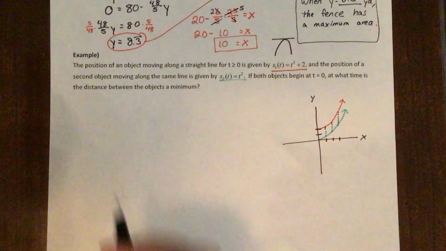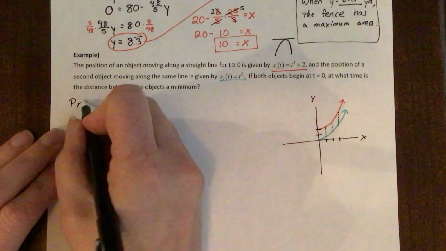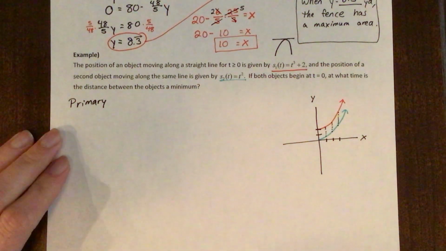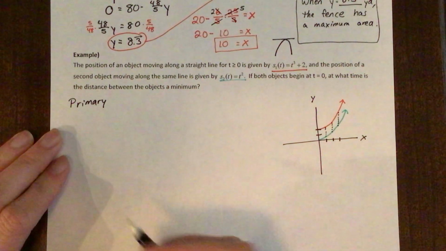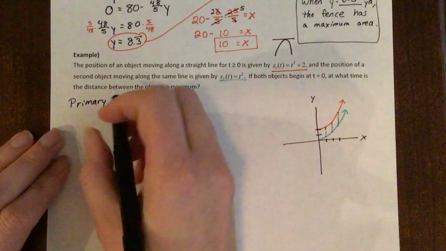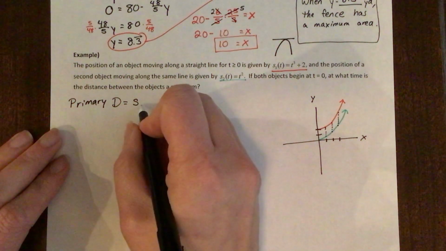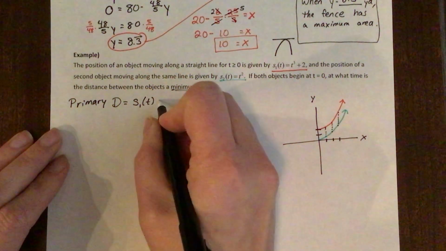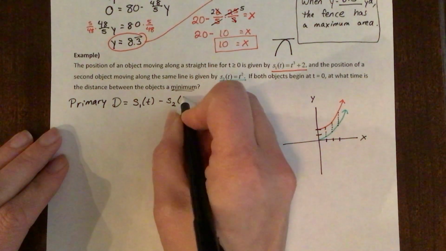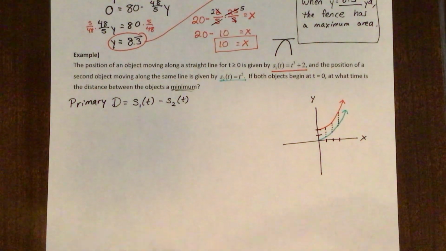All right, so our primary equation is the one that we are trying to minimize or maximize. In this case, we are trying to minimize the distance between S1 of t and S2 of t. I'll color those in.